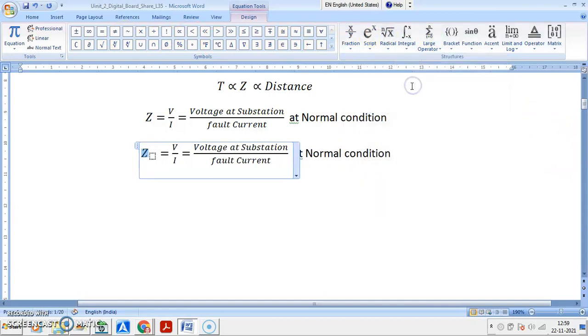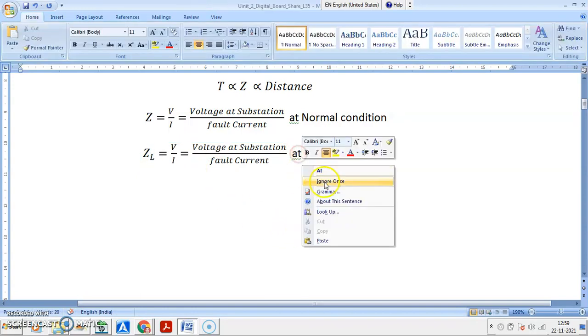Z impedance, I can write ZL. Okay. So this is at normal condition.